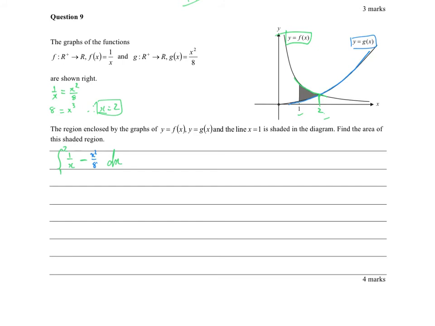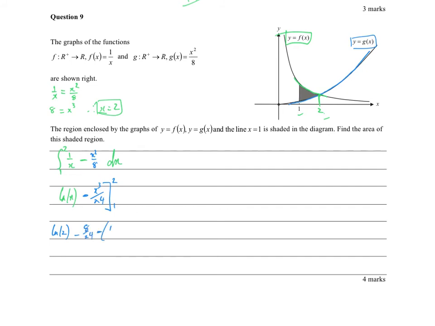integral of 1 on x is the natural log of x. Let's undo that, only because we just kept the colour. So that's equal to the natural log of x minus, add 1 to the power and divide, all between 2 and 1. All right, so now I'll just put it all in. So I get natural log of 2 minus 2 cubed is 8.